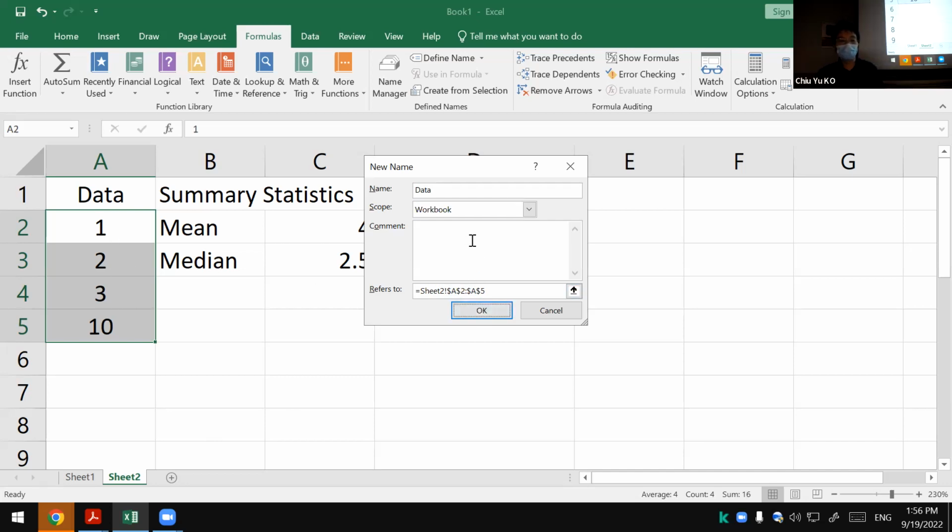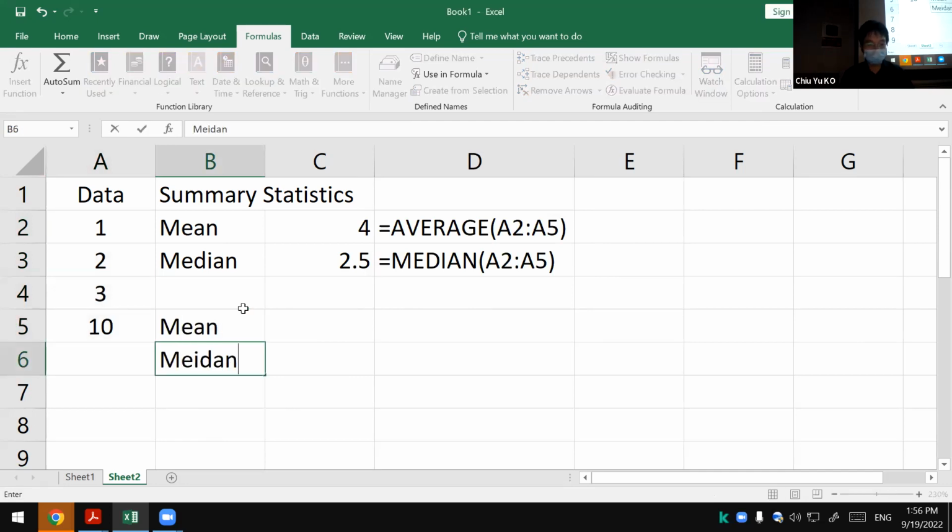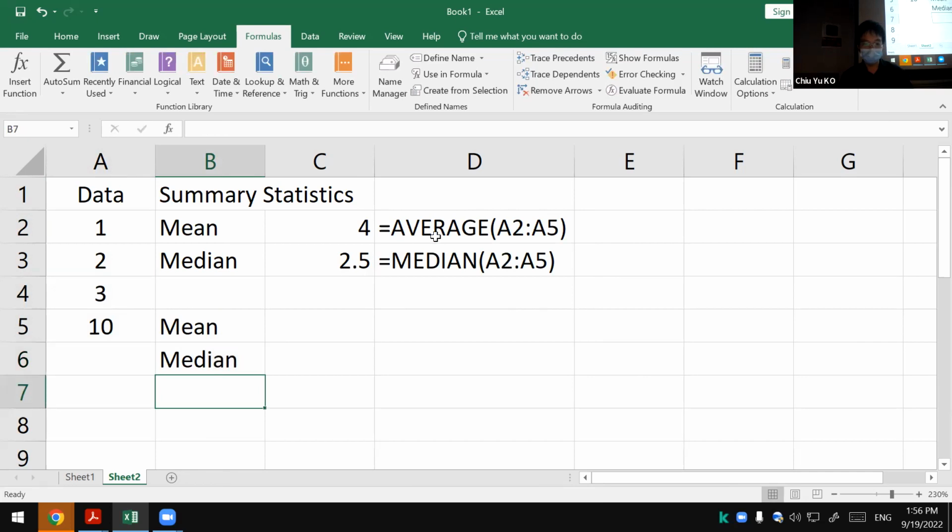So when I click OK, Excel remembers the name: when I type data, it refers to exactly these numbers. What is the purpose of doing that? Suppose I have this, and you will see why this is better than doing this. Let me show you.